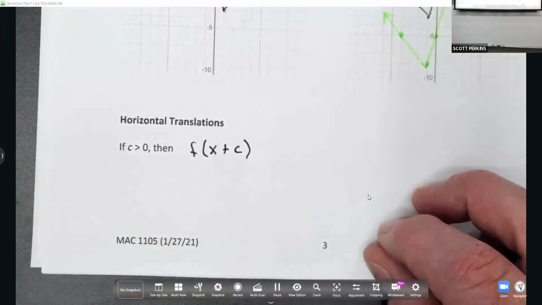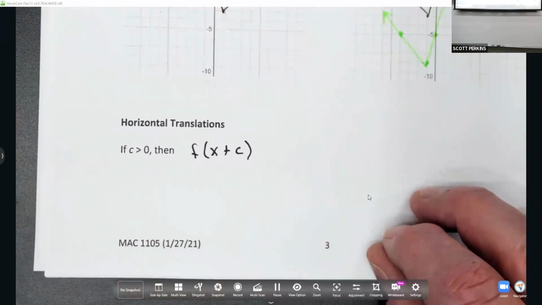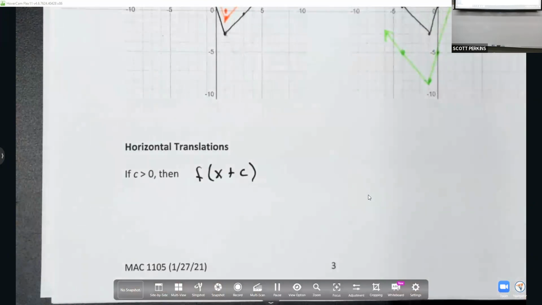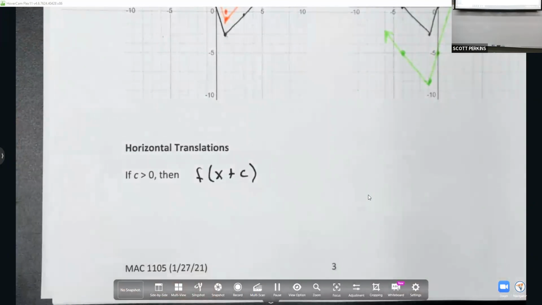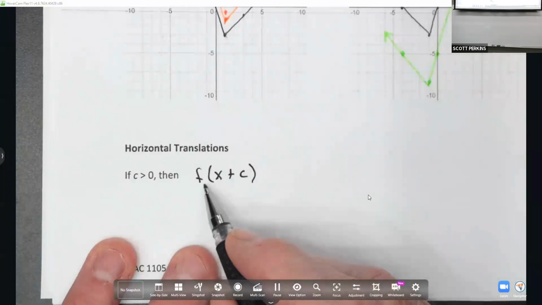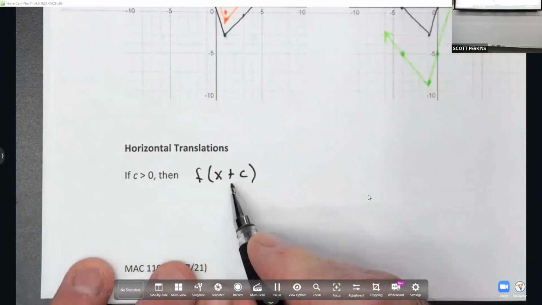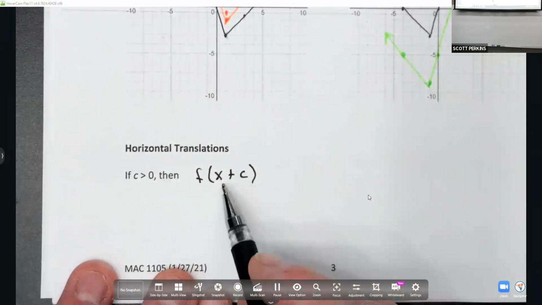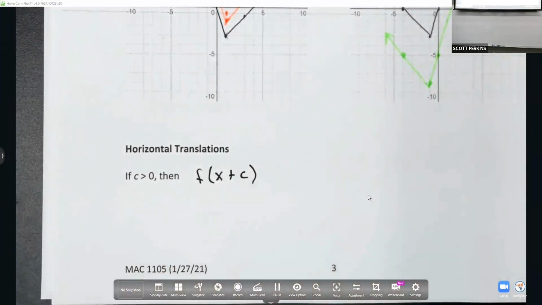Now here is the thing to be careful of. When we do our horizontal translations and when we come back on Monday and we do our horizontal stretching and shrinking, it's the exact reverse of what you would think it should be. It's counterintuitive. What you would be tempted to say, and I understand, when I first learned this, I was tempted to say this: oh, we're adding c, so I'm going to go to the right, in the positive direction, right?